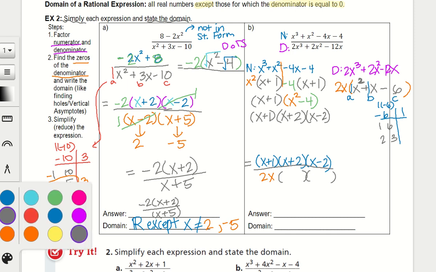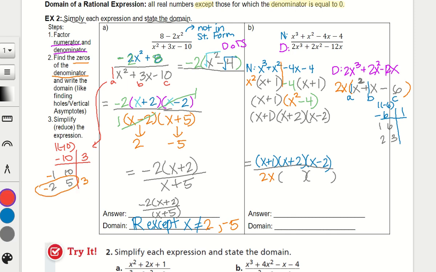In order to make it negative, I know one of them needs to be negative. Since my sum needs to be positive, it would need to be the smaller one, right? That would give me positive 5. If I make the 2 negative, that gives me 1. So I know these are my 2 factors. So that means that this factors as x minus 2 and x plus 3. Okay, so this factors to 2x times x minus 2 times x plus 3 in my denominator.